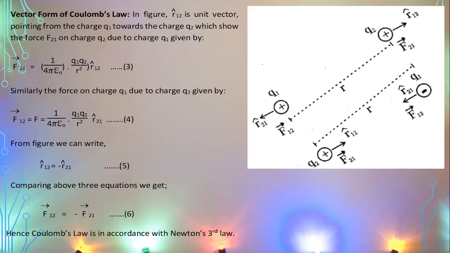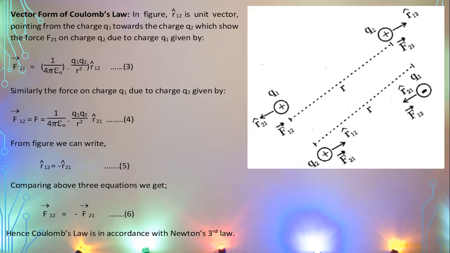On the basis of these two equations, if one is the action, that is F21, the other, F12, is the reaction. These two are equal but opposite in direction.